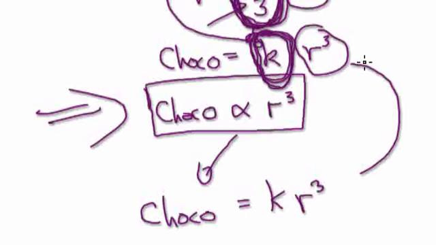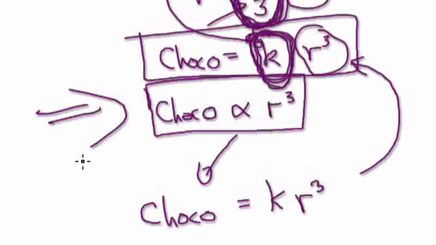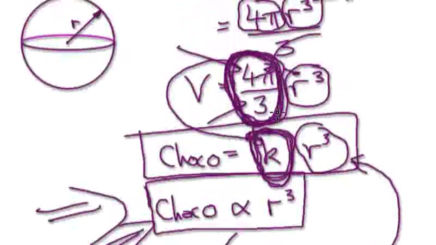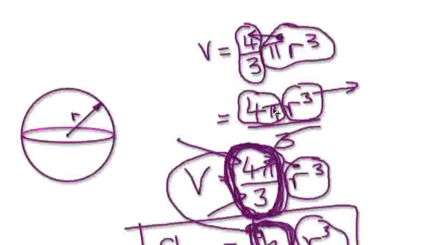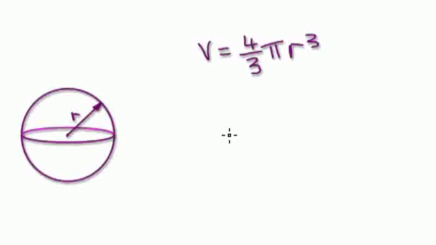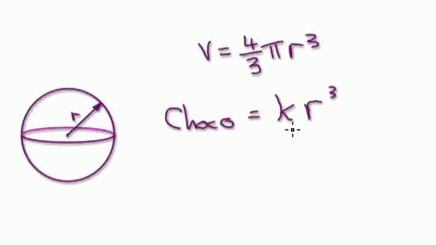That's like going back to here. So when we are here, we can make this statement: chocolate is proportional to the cube of the radius. So going back to here, we can say that the amount of chocolate needed is equal to a constant times the cube of the radius.